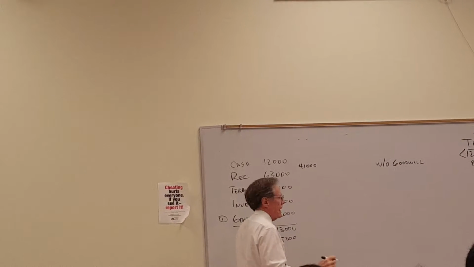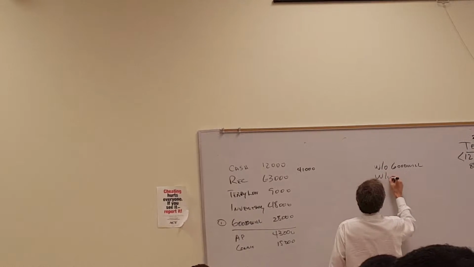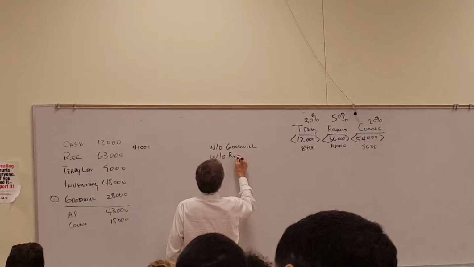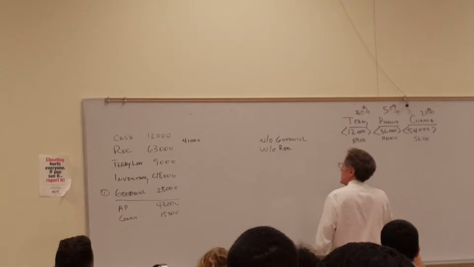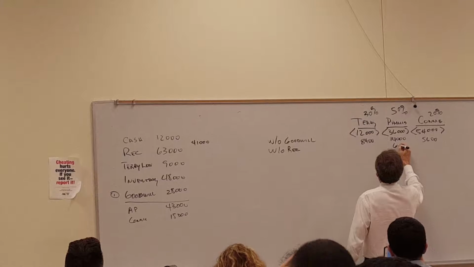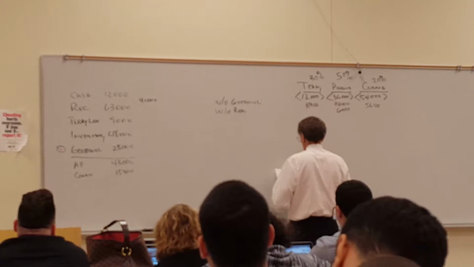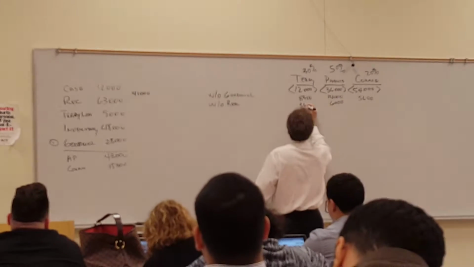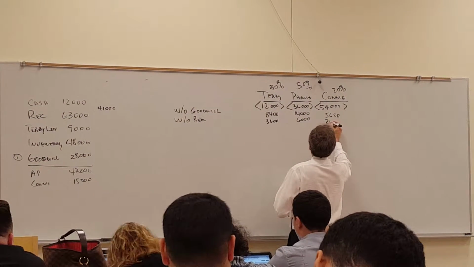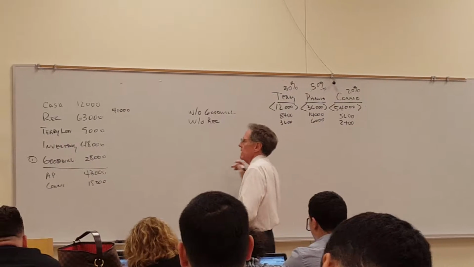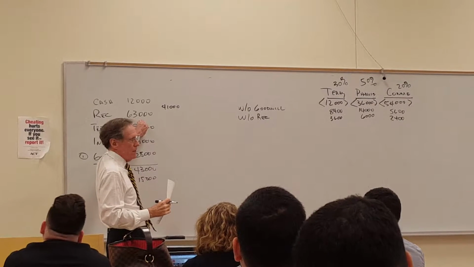And we decided to write off $12,000. The $12,000 that we write off, $6,000 is Phyllis, $3,600 is Terry, and $2,400 is Connie. So we got some cash out of it.